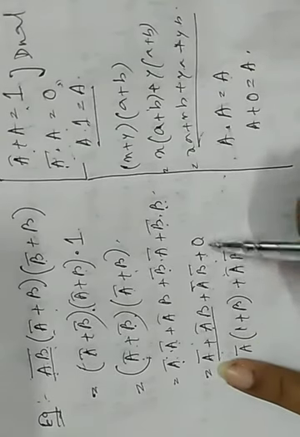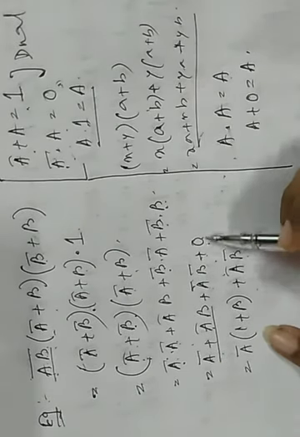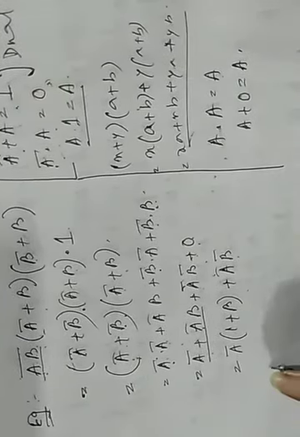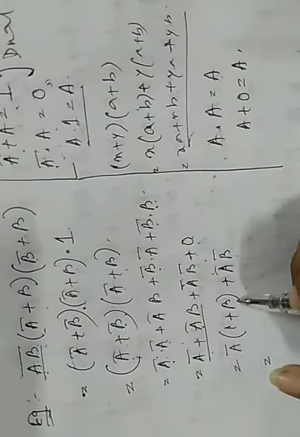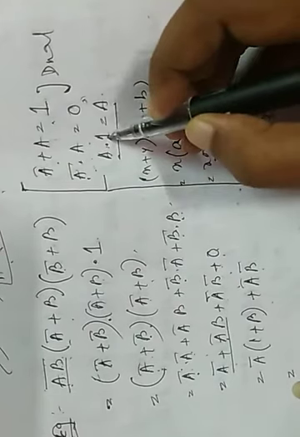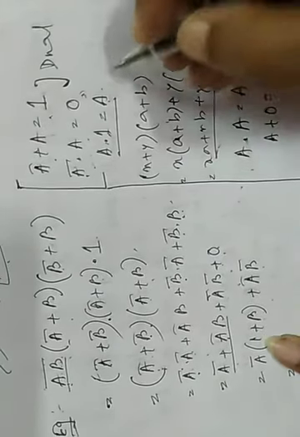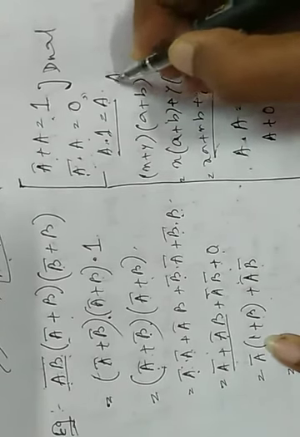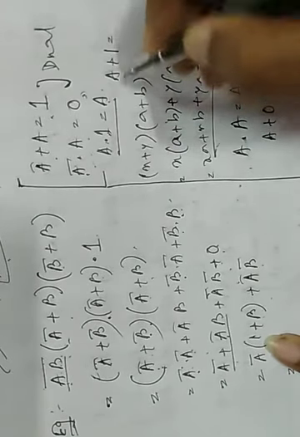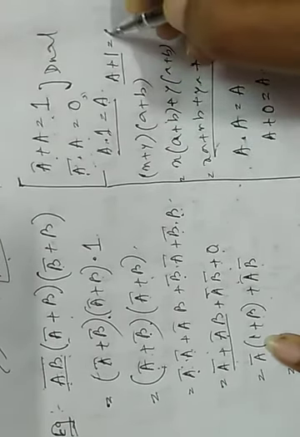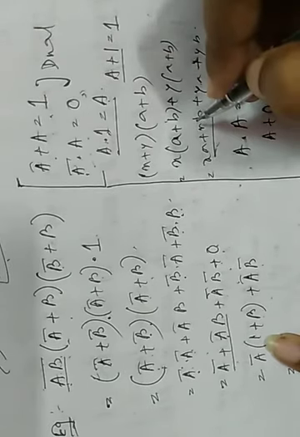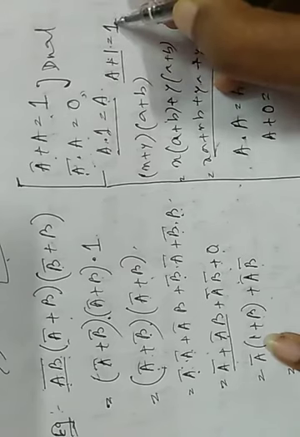So anything plus 0 is a, so we can omit 0. Now 1 plus b: a dot 1 equals a. If we do a plus 1, anything plus 1 is 1.